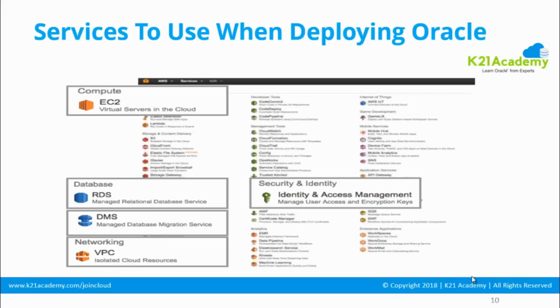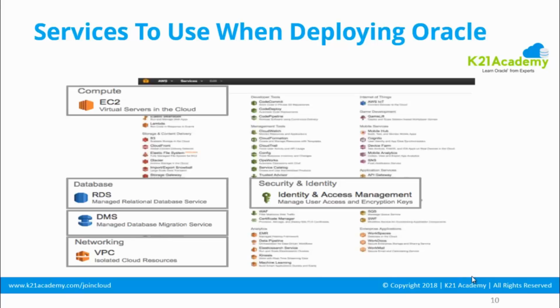Now, the services that you would use when deploying Oracle: if you are not interested in RDS, then you would be using EC2, wherein you get the infrastructure as a service. And if you are interested in the Relational Database Service, you won't probably need EC2. In such cases, you will stick to RDS.